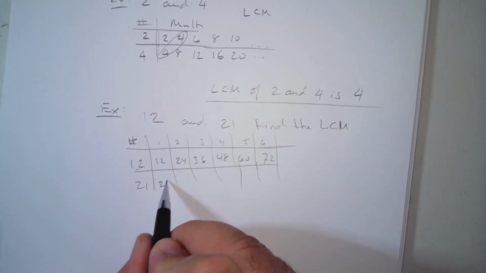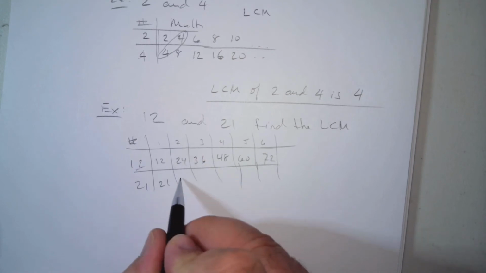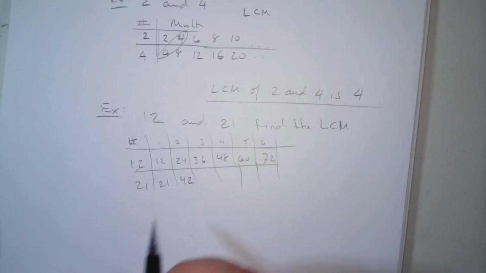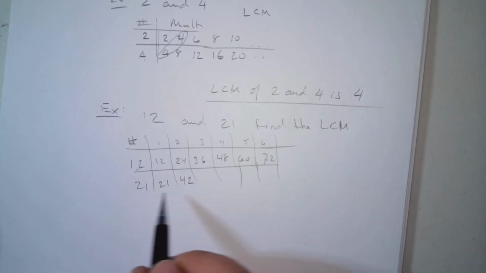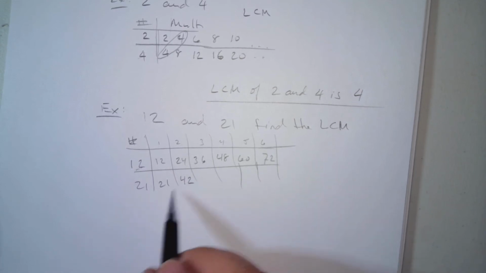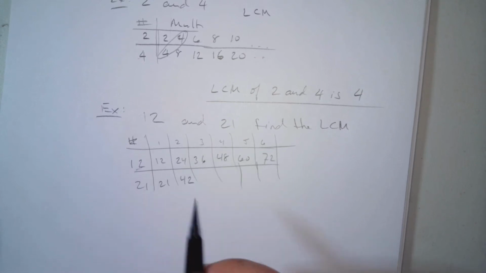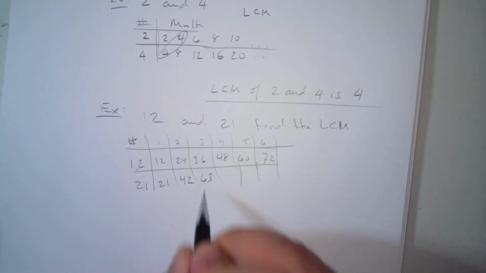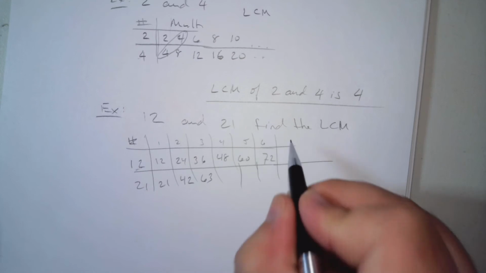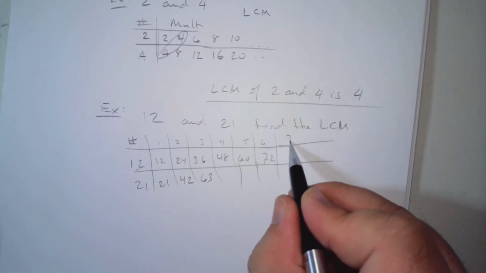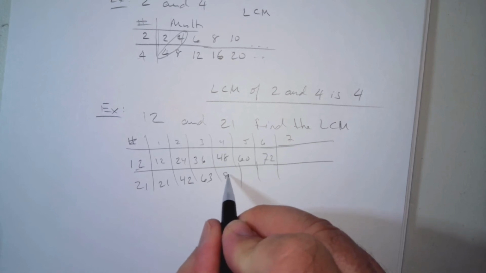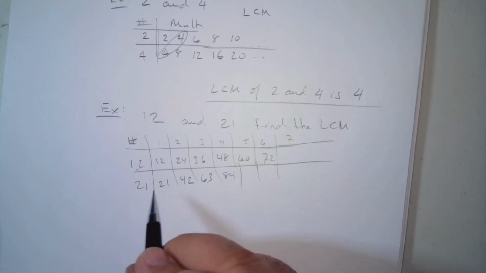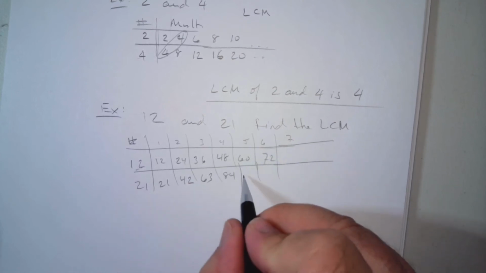21 times 1 is 21. 21 times 2 is 42. Since we have this list, we're going to keep on looking until we see a repeating number. 21 times 3. 21 times 4. 21 times 5.